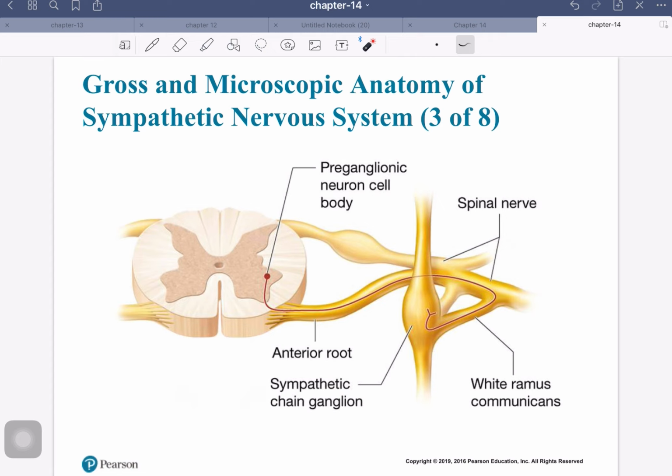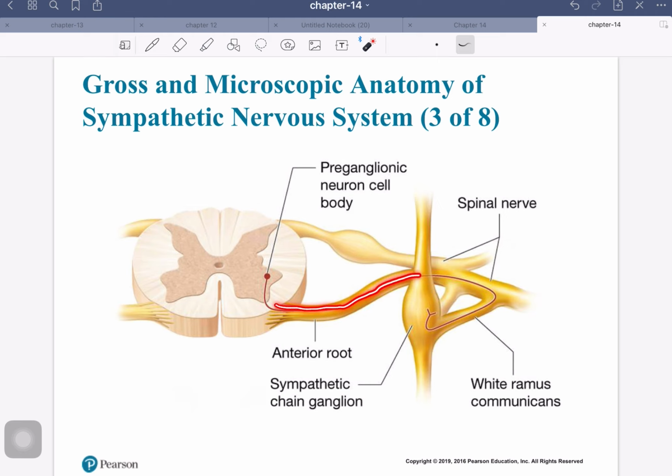the spinal cord. So in this case, there's a preganglionic neuron cell body, and it will exit and follow along with other motor fibers, because remember, the autonomic nervous system is a part of the motor system. And then it will travel along that anterior route.